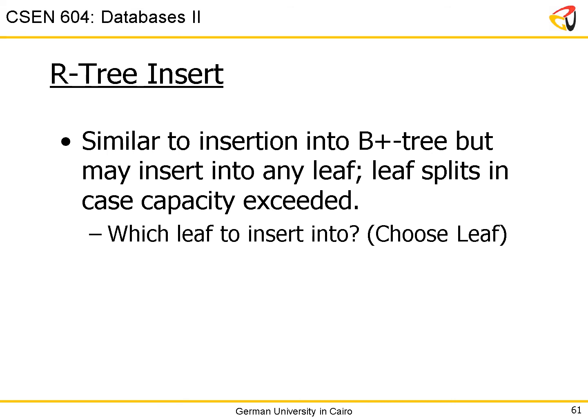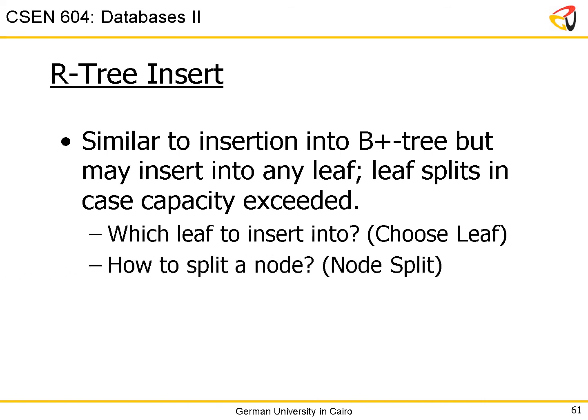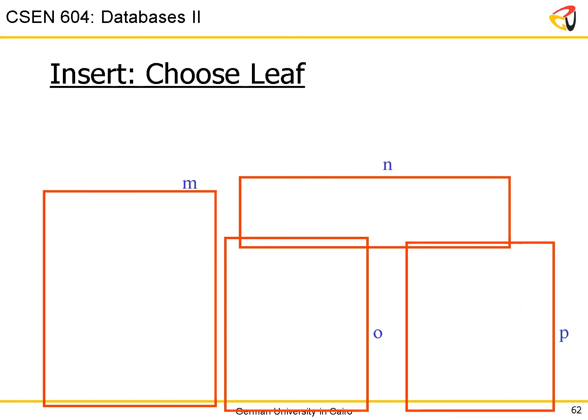Now again, the question is, where should we insert it? Let's look at this example. In this example, I have 4 bounding boxes, M, N, O, and P. I get this new entry, which was a polygon, and I created this bounding box for it.